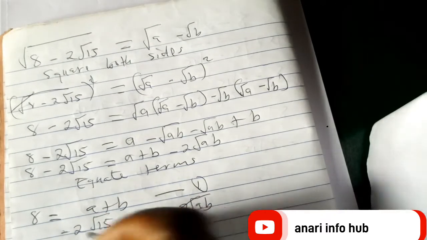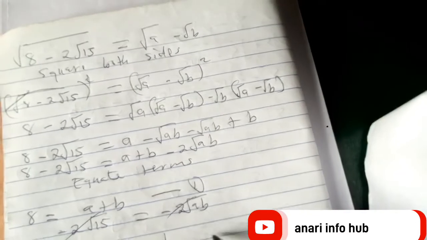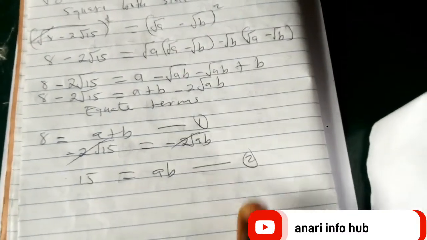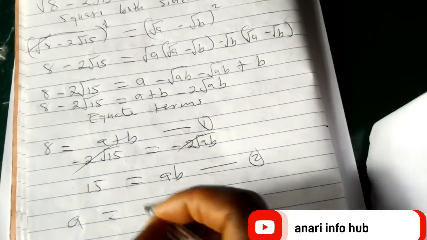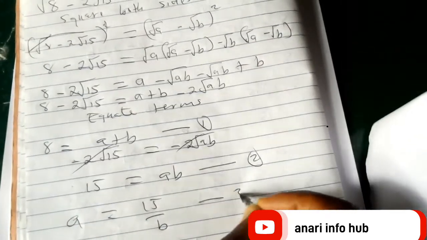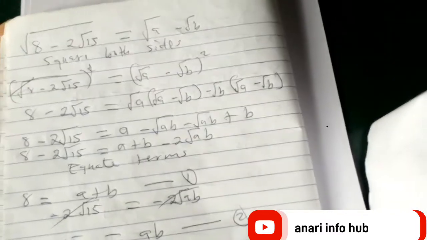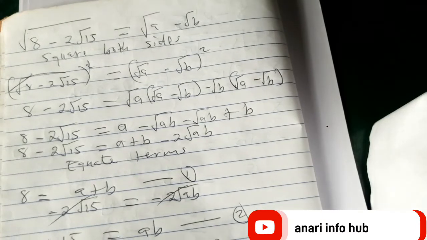This can clear away this, so we have 15 equal to ab. You can call this equation 2. From equation 2, let's make a the subject. So we have a equal to 15 over b, and call it equation 3. Now substitute equation 3 into our equation 1.